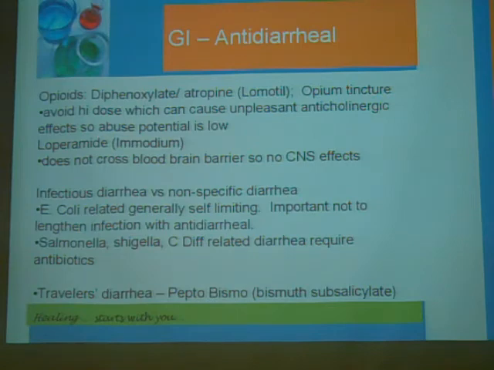We could use this. There are two main ones out there. The first one is called Lomotil. It's a combination drug. It's diphenoxylate with atropine. Diphenoxylate in itself is kind of like an opioid-like substance, an opium. Atropine is an anticholinergic.